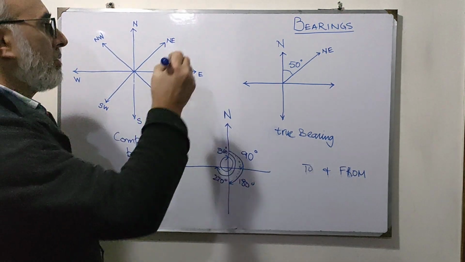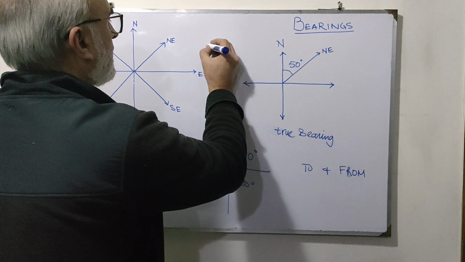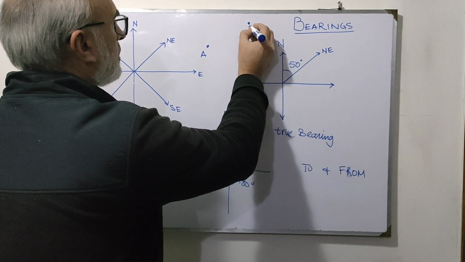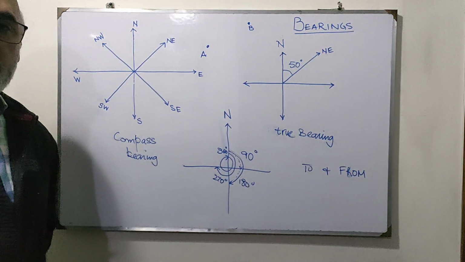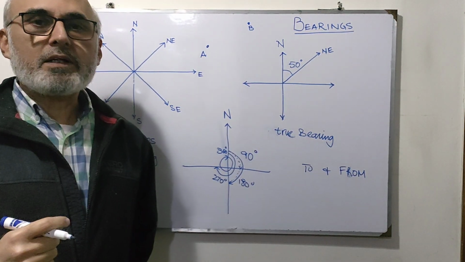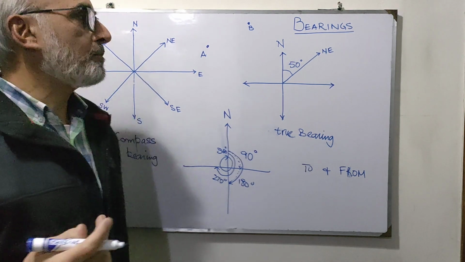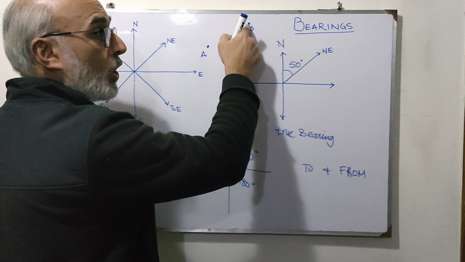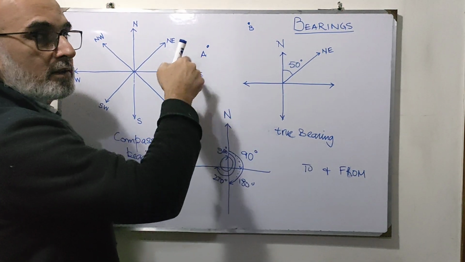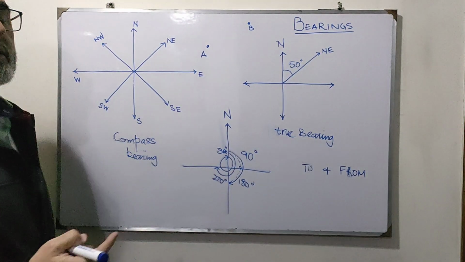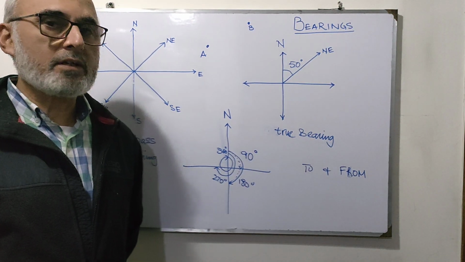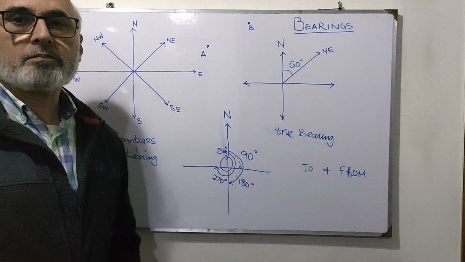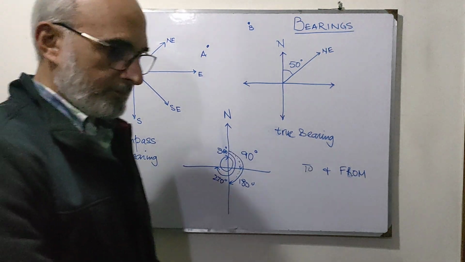If I have 2 points, A and B, and I want to know the bearings, am I going from A to B or B to A? That will be important in calculating the bearings, the angles, degrees. So let's do a couple of examples.